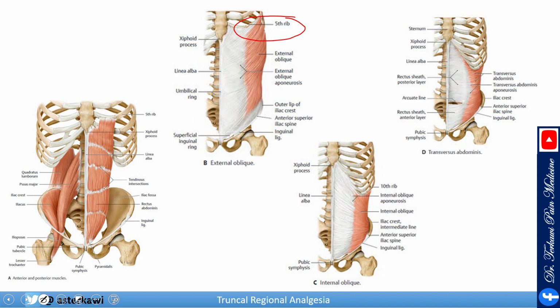And then when you go lower than that, the internal oblique is from the 10th rib, and similar to that, the transversus abdominis from T7 usually, so in between these two muscles. So in the thoracic wall, there are not 3 layers all the way as we see them when we put the ultrasound probe in the abdominal wall.